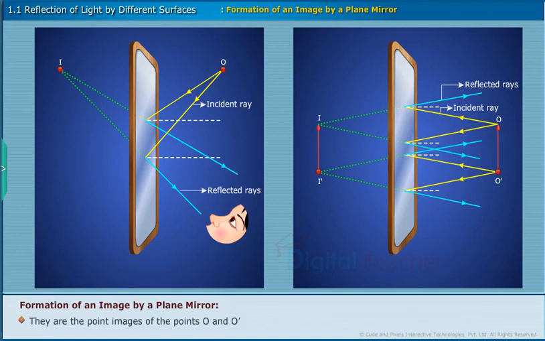They are the point images of the points O and O'. The rays coming from the middle section of O' form the image I'. The image formed on the plane surface of a mirror has certain characteristics. They help us in better understanding the phenomenon of reflection. Let us learn about the characteristics of the image in the next section.